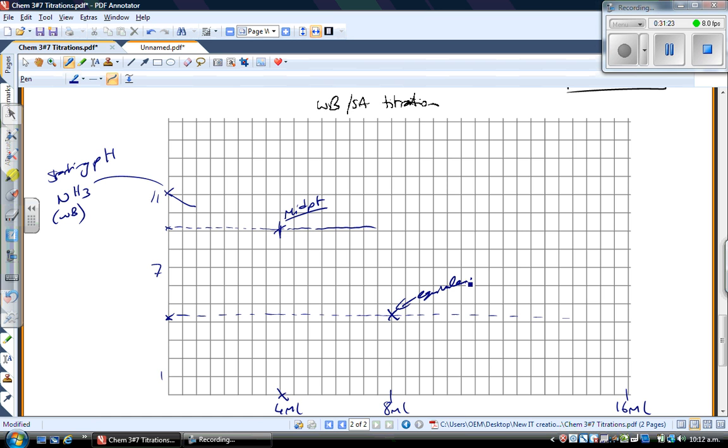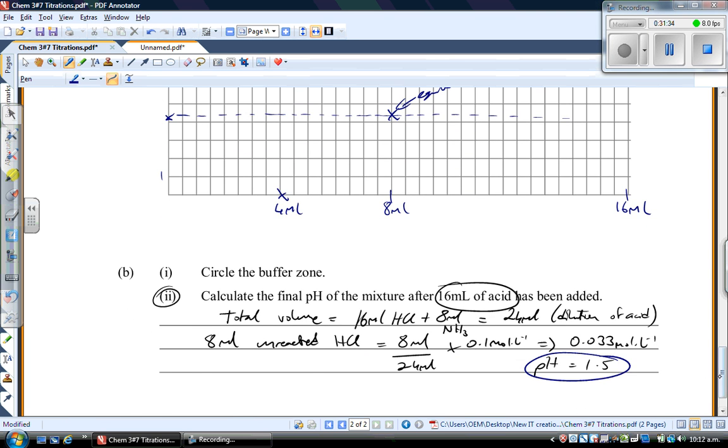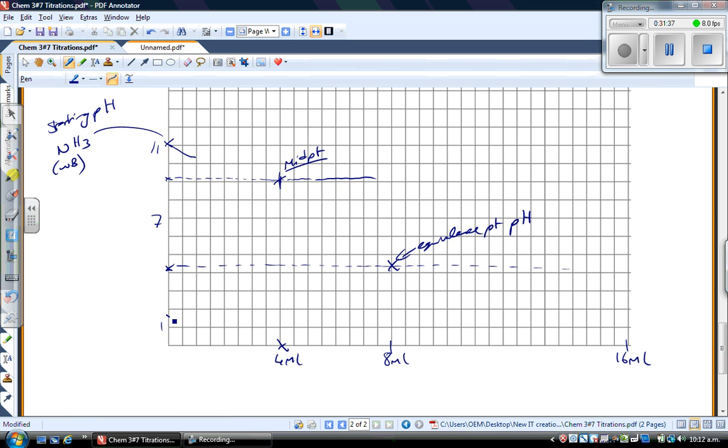Equivalence point pH is half the midpoint pH in this case. And then our final pH we just worked out here at the bottom was 1.5. So a final pH of 1.5 is here, and then we bring that all the way over, and that's at the 16 mL mark.